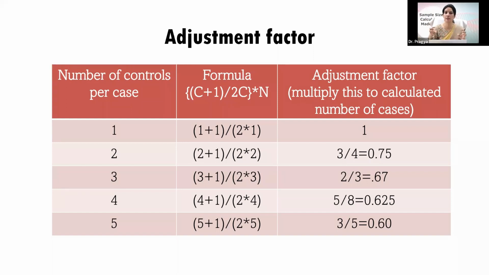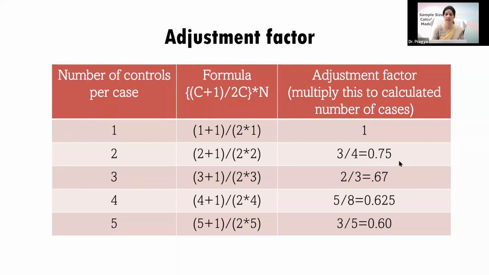If you have this limitation that you cannot increase the number of cases, then by taking more controls, you can adjust for your sample, your power and significance. But how many controls? It is not arbitrary that I wish to take 1:1 or 1:2, 1:3 or 1:4. No, it is based on a multiplication factor, and that multiplication factor is decided by this: you multiply your number of cases with these fractions depending on the number of controls.